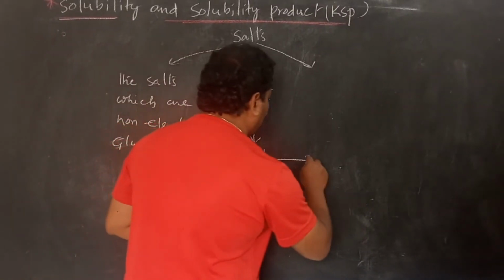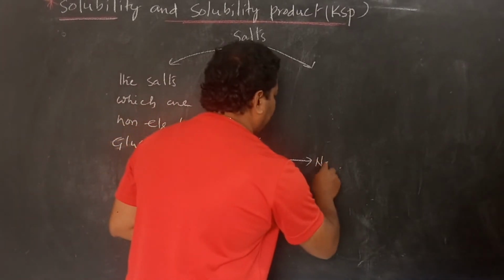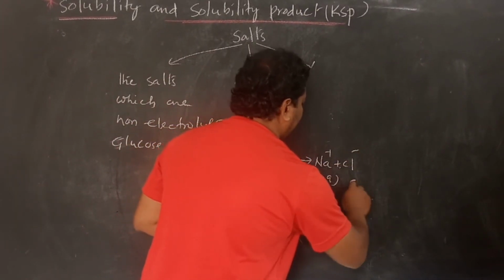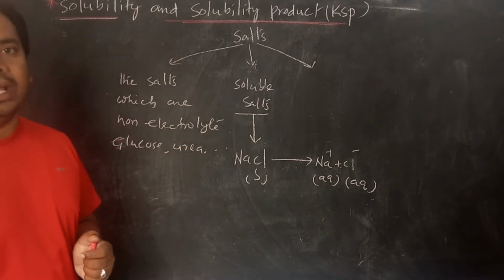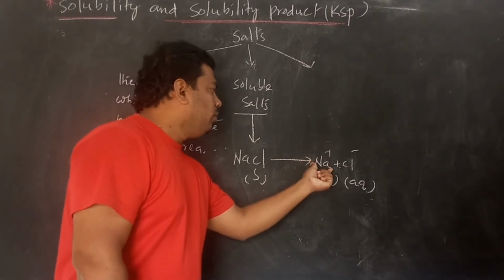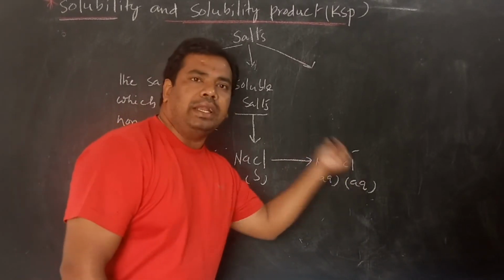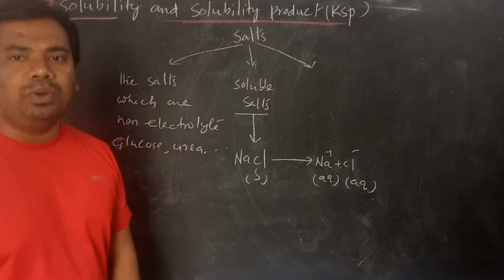The sodium chloride is dissolved in water and it is completely dissociated into Na plus and chloride ion. So in solution it dissociates into Na plus and Cl minus ions. These types of salts we call soluble salts.